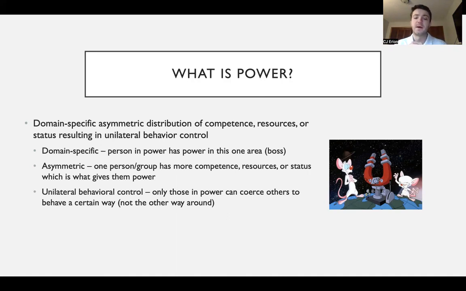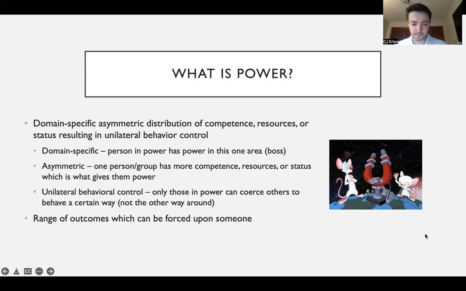It's those that have the power with either competence, resources, or status that allows them to influence the behavior of others. And just another way that this can possibly be thought of is that power can be just the range of outcomes which can be forced upon someone else.